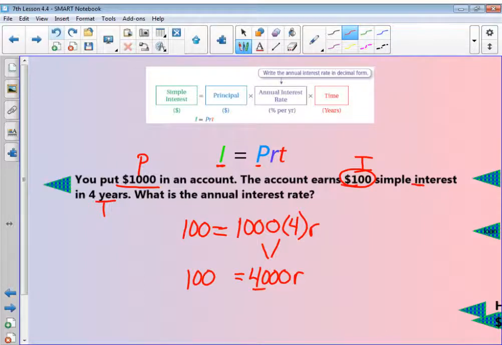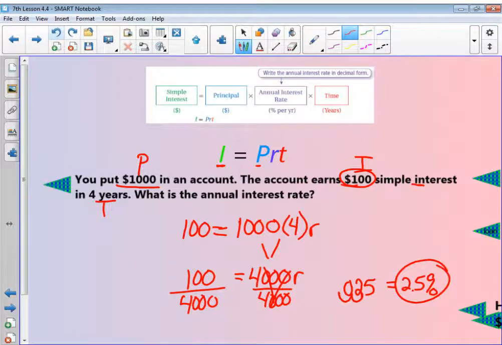So now we'll divide by 4,000. 100 divided by 4,000 gives us 0.025. Remember, they're asking for percent rate. So moving 2 places makes it 2.5%. Okay? Let's try another one.